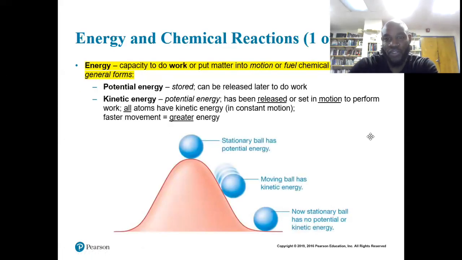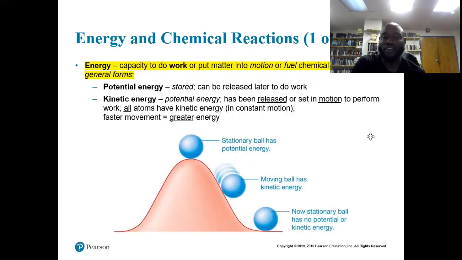Energy. Now you may feel like, well, what does this have to do with chemical reactions? But this is very important because we have to have energy to make reactions happen. Why doesn't all of the oxygen and hydrogen that is in the air around us just naturally become water?